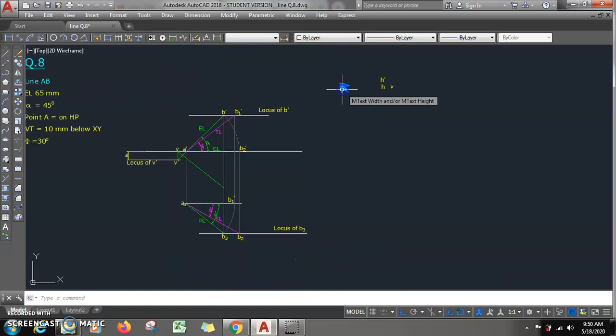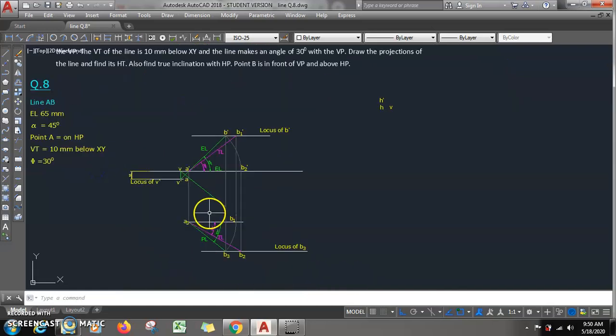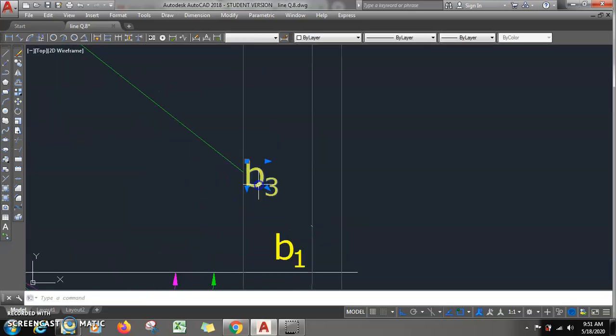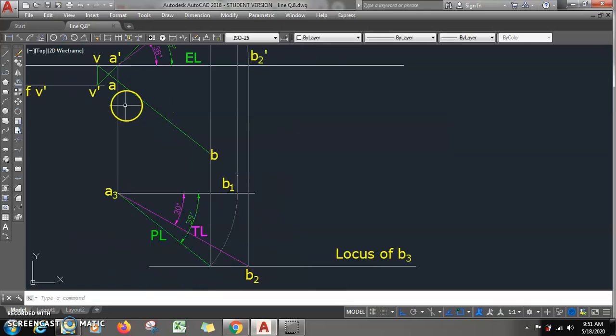Then this becomes your point A. You see, this is point A, and point B will be where? Point B will be here. You see, likewise you will be getting the final location of point A.